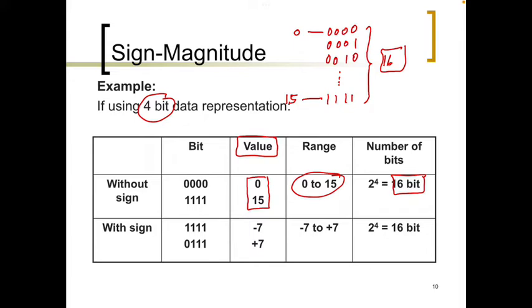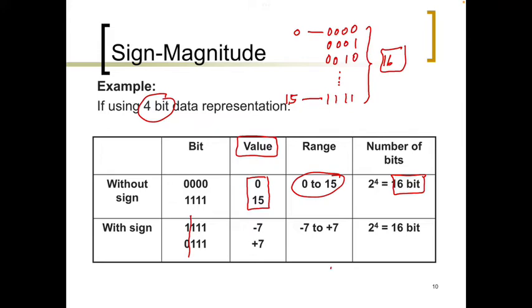Now with sign, that means when we have this, what happens? Right now, 1 bit is used for negative or positive. So what can we have right now?